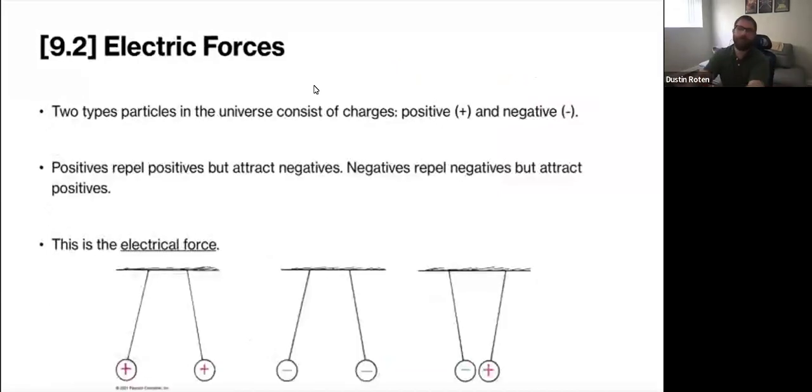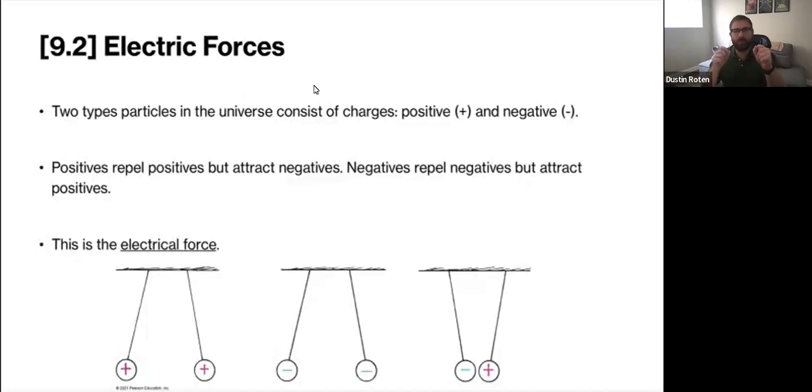So broadly put, the way the book motivates this is like a big supposition: suppose that, suppose that. We're going to think about it kind of like that, but instead of saying suppose that, we're just going to assume that there are two types of particles in the universe. There are lots of particles in the universe, but two particular ones. They could consist of charges, so positive or negative charges.